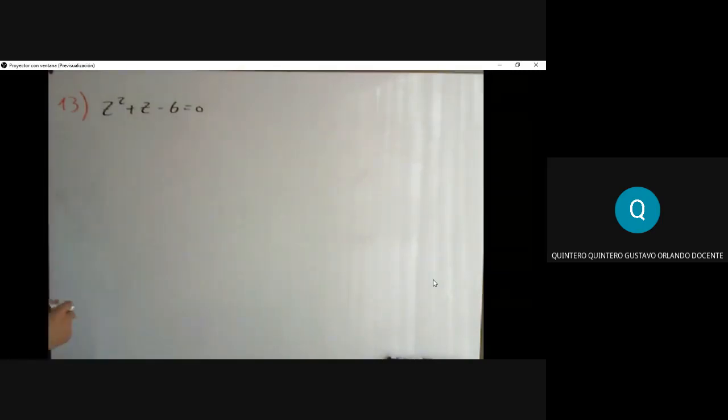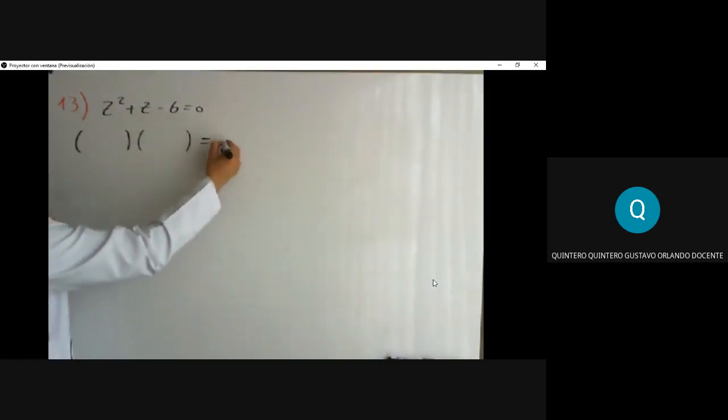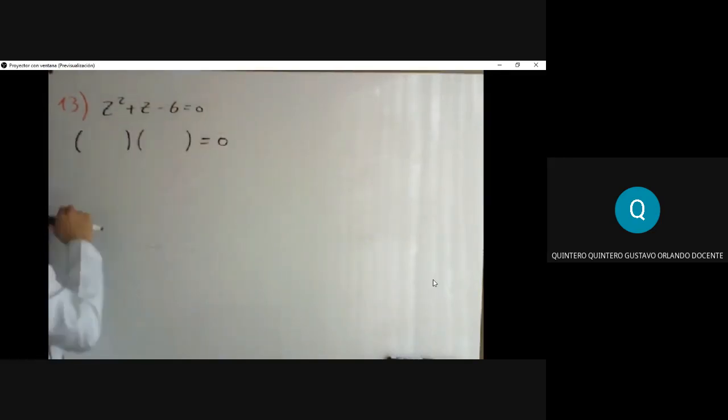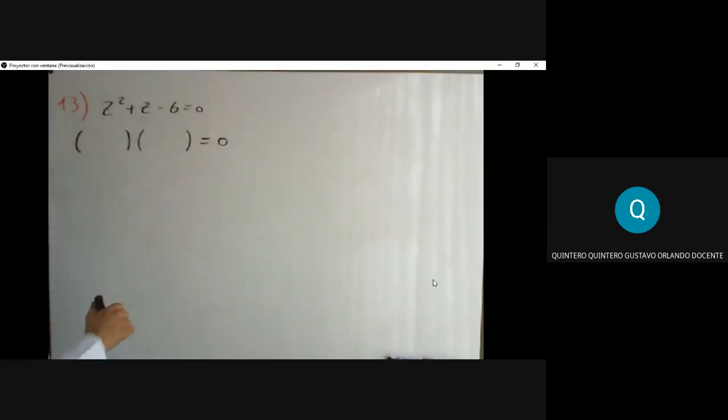But factorizing this is absolutely simple. All you have to do is open two parentheses. I'm going to also write the equal to 0, which is this part, but I'm just factorizing this part in here. I am just carrying the equal to 0 to the other line. And to factorize this, you need to remember how to factorize these types of functions.